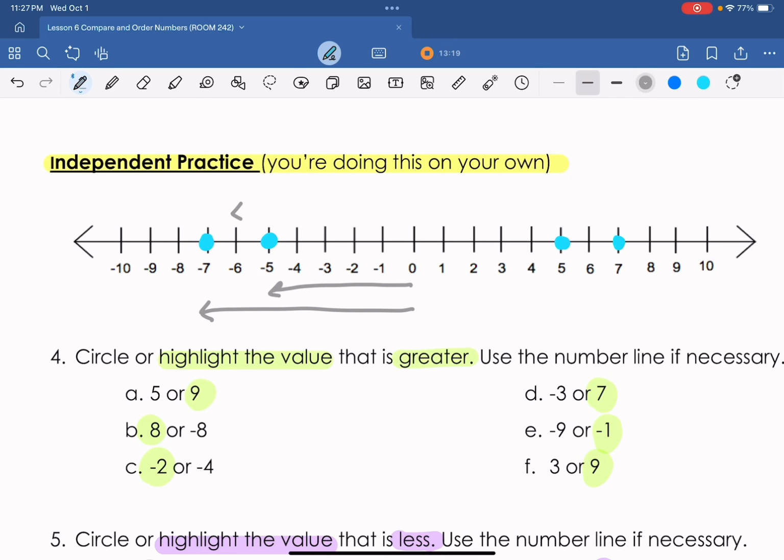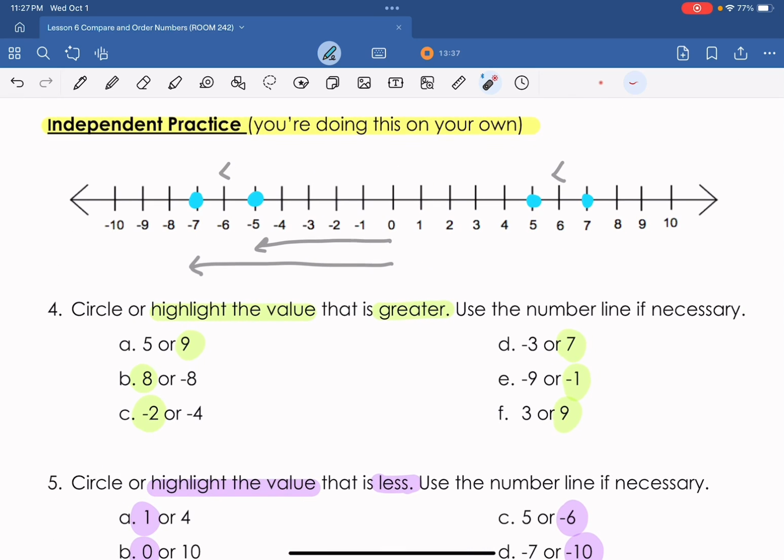So in this case, 7 is greater than positive 5. But in this case, negative 7 is further away, so it is less than. All right? So let's correct our friend Doug down there, now that he had a visual and kind of figured it out, right?